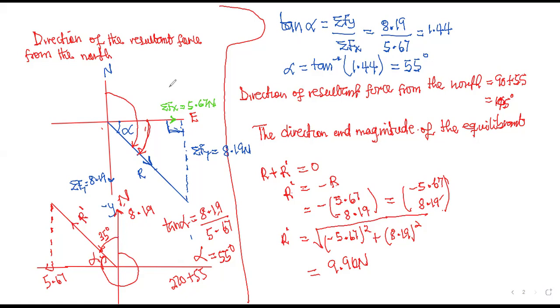The equilibrant has the same magnitude as the resultant, but its direction is opposite. So while the resultant faces this direction, the equilibrant must go opposite to that same direction. The equilibrant can also be determined using this analogy, and it's the same as what we've done.